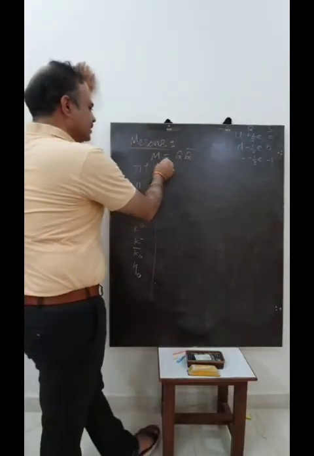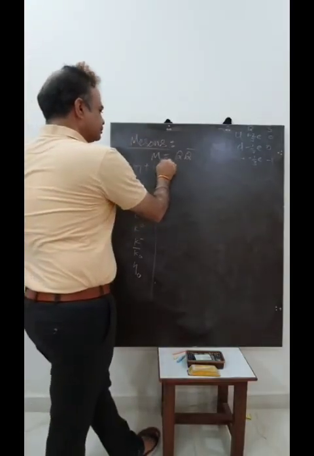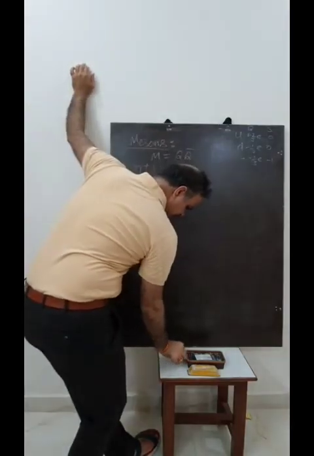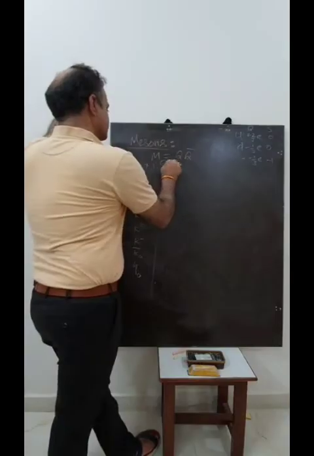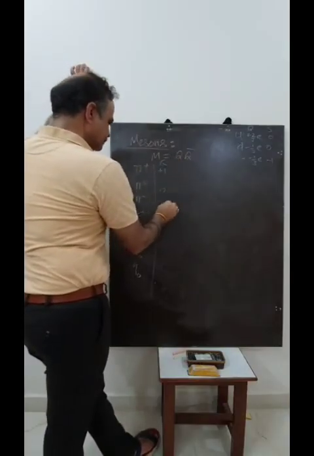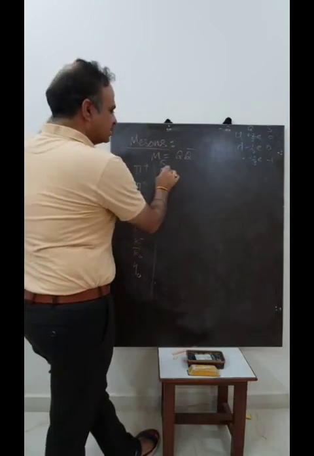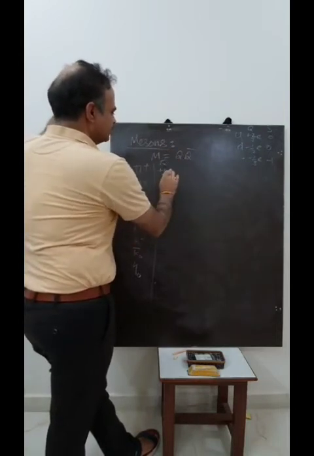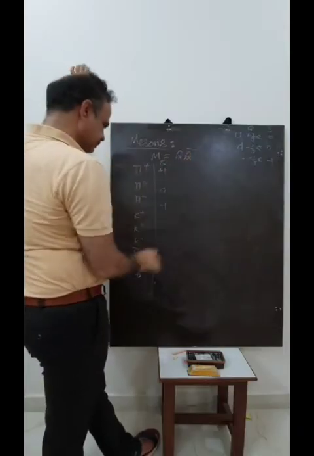Same, right, charge. What is the charge? Charge is plus 1, 0, minus 1. Obviously, it is plus 1 e here, but we leave that.